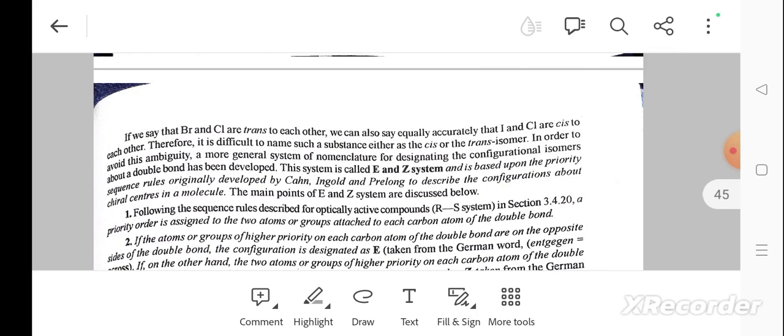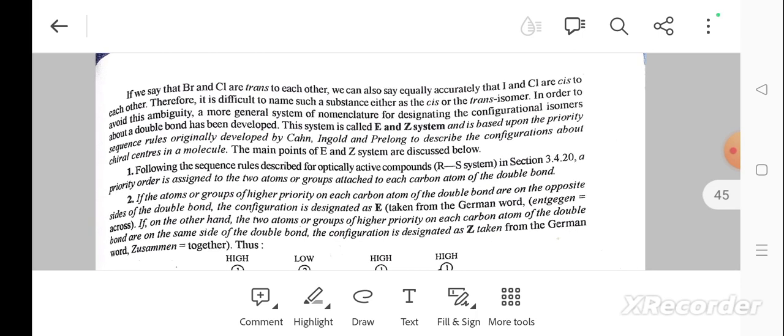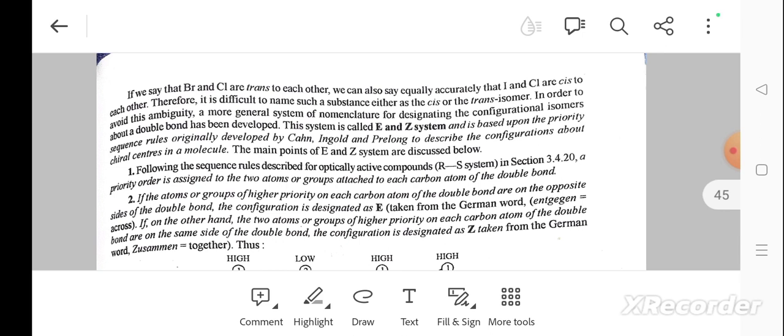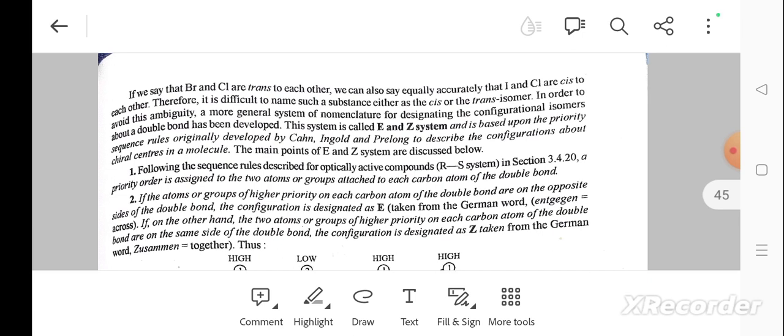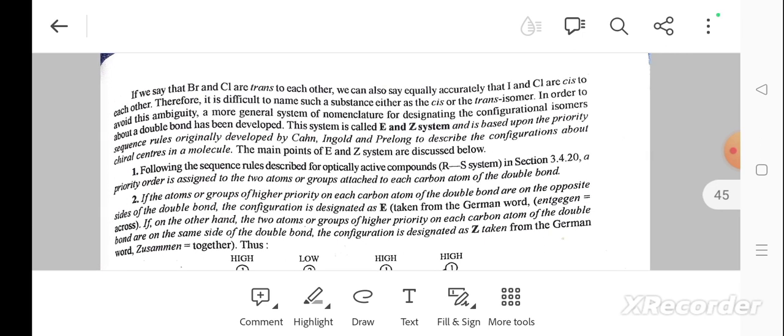If we say that Br and Cl are trans to each other, we can equally accurately say that iodine and chlorine are cis to each other. Therefore, it is difficult to name such substances as either cis or trans. In order to avoid this ambiguity, a more general system of nomenclature for designation of the configuration of isomers about a double bond has been developed.